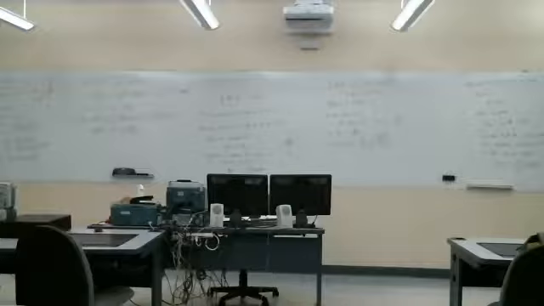From Gauss's law, 2 pi rho L D rho, this is the net flux, is equal to the charge enclosed, which is rho L L. So the L's go away.